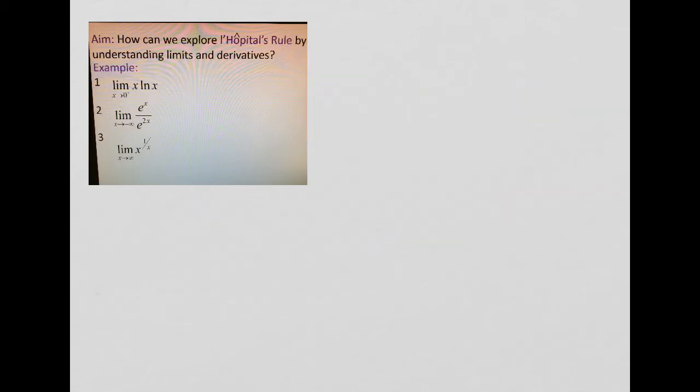If you needed to stop or pause the video to make sure you got those notes from the last one, make sure you do. Now we're looking at number 2, and it's already in a fraction form. If our numerator is, let's say, our function y equals e to the x, as x approaches negative infinity, it gets really close to the x-axis, so the height is 0. Same thing goes for our denominator, let's call that g, y equals e to the 2x.